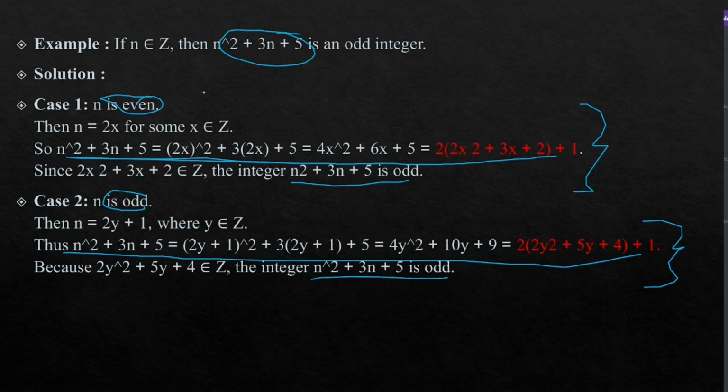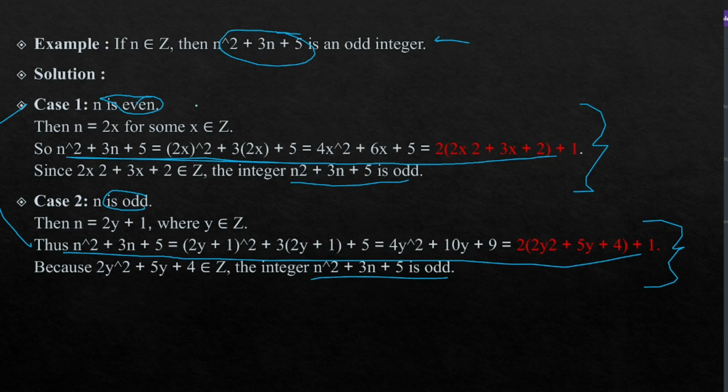But cases is very important because this gives us a dichotomy. It gives us a binary relation: n is even, n is odd, and if you prove both things, you have proven that irrespective of n, we get the odd integer, which direct proofs can't do. They cannot do an irrespective thing, they do respective things.